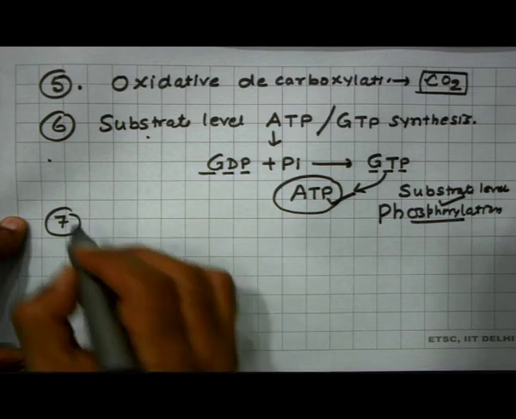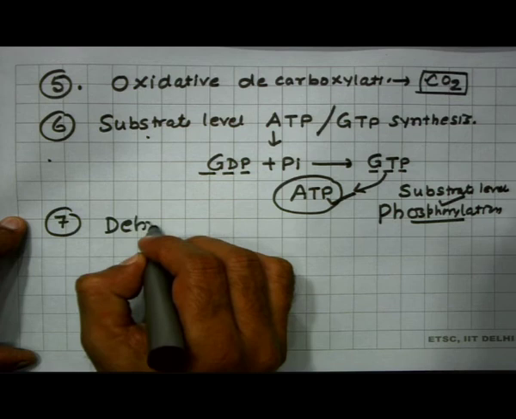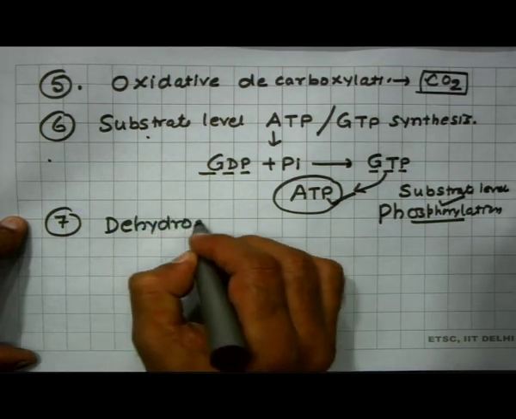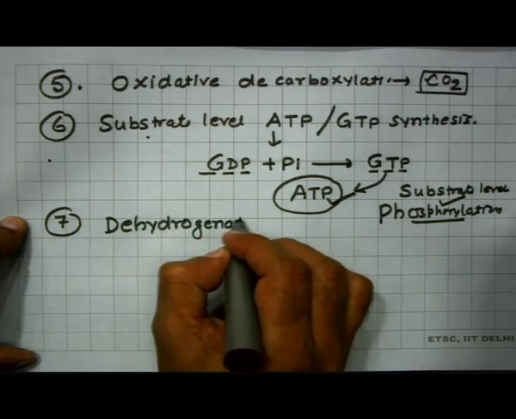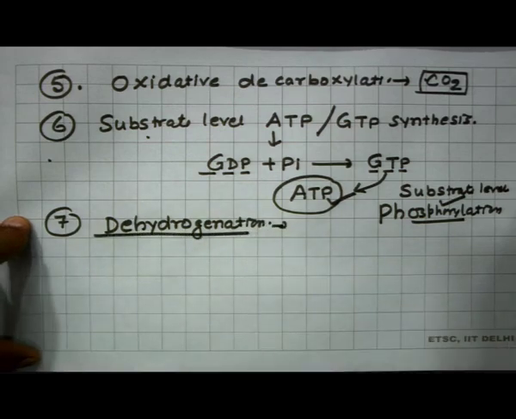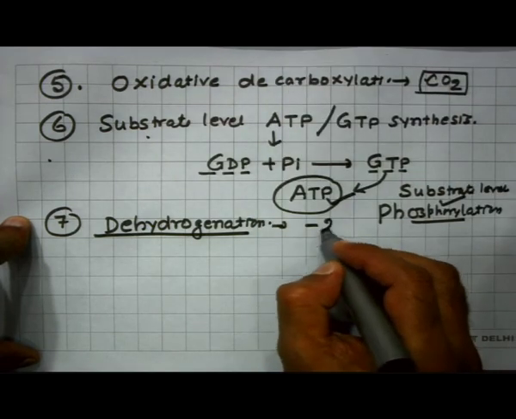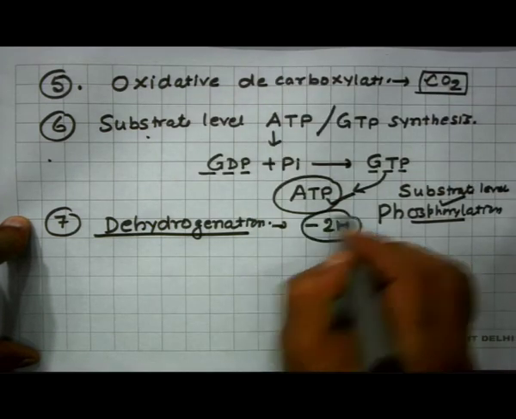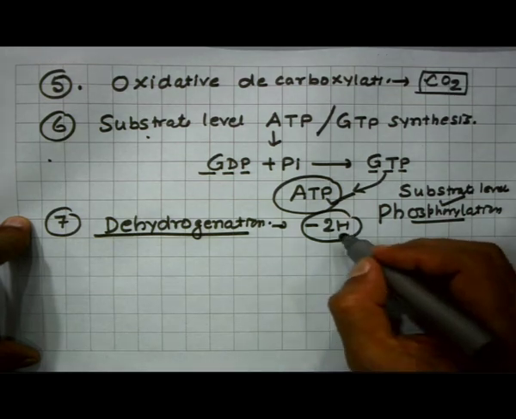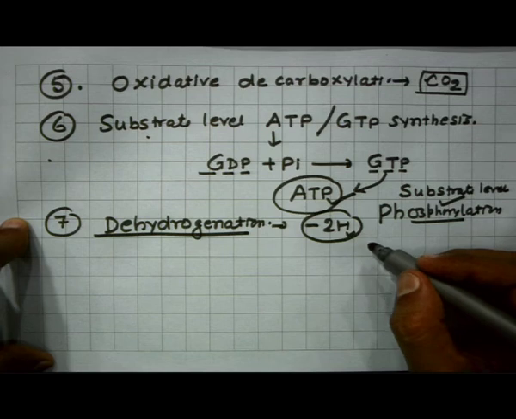Now, the 7th process in the Krebs cycle is dehydrogenation. As the term indicates, in the dehydrogenation process hydrogen is released. In this process NAD is not used.